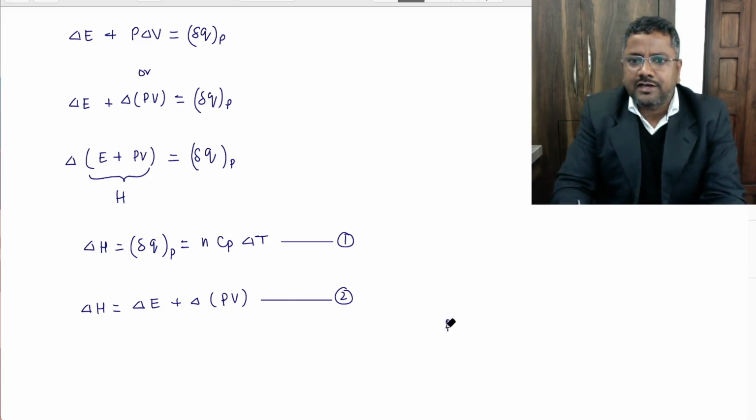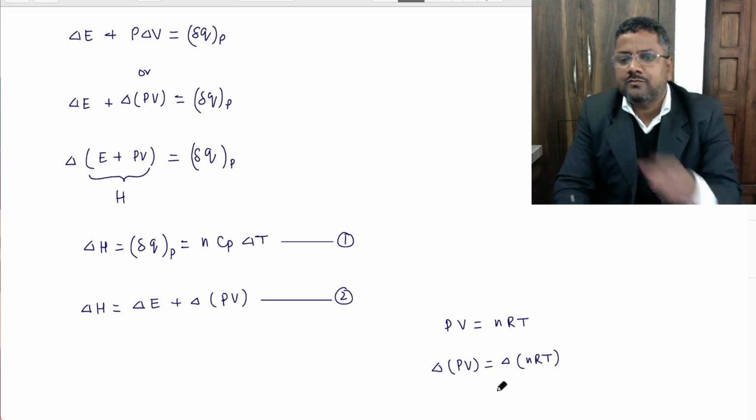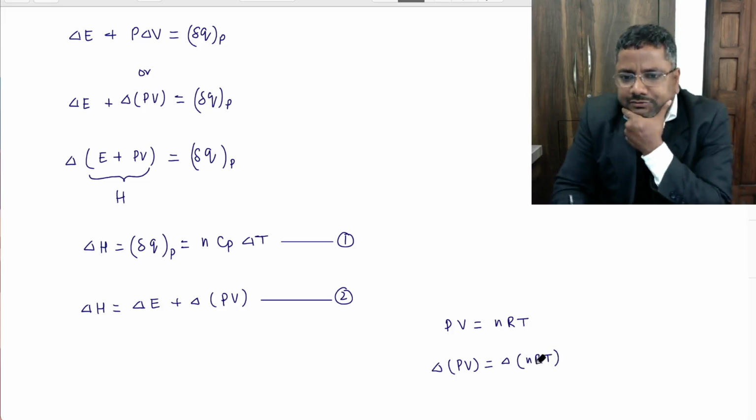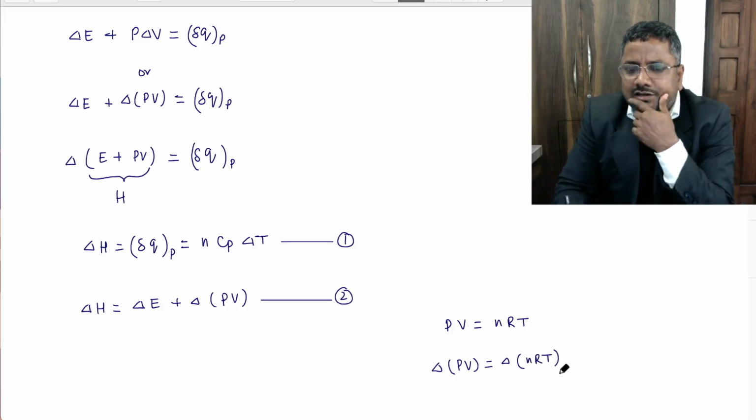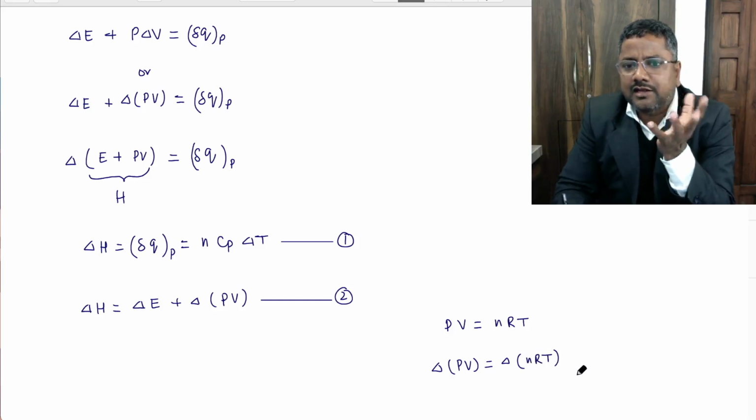Now we have the formula PV is equal to nRT. So we can write here delta PV is equal to delta nRT. Now on the right hand side, if you see carefully, n is for gas only, not for any matter, you cannot take liquid or solid.